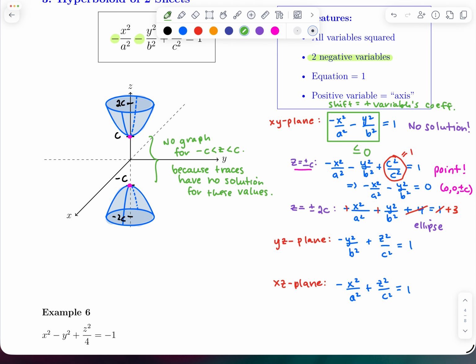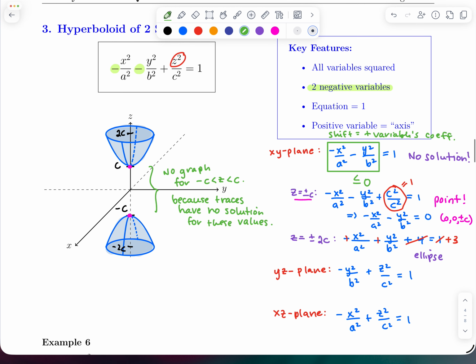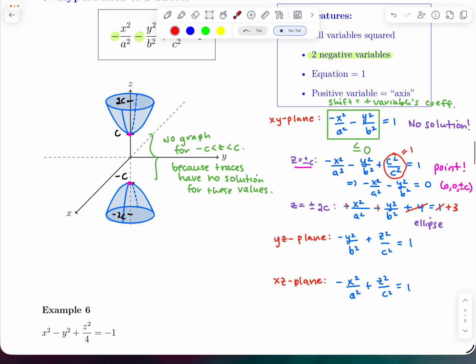Then we need to check out what's going on in the YZ plane and the XZ plane. Luckily, things are pretty normal there. In the YZ plane, that's when x is 0, so I'm going to end up removing this term. What remains is going to be the equation of a hyperbola. So remember, when you're figuring out what axis these are opening on, it's the positive variable, so these are going to be hyperbolas on the z.